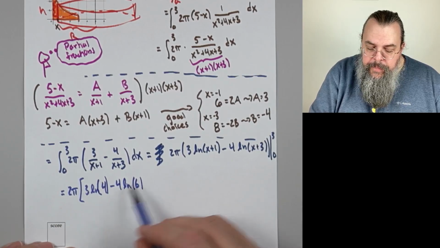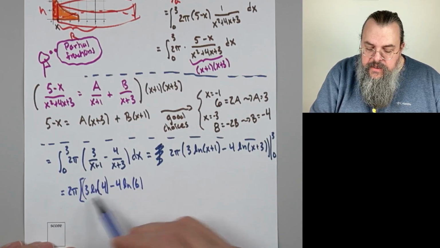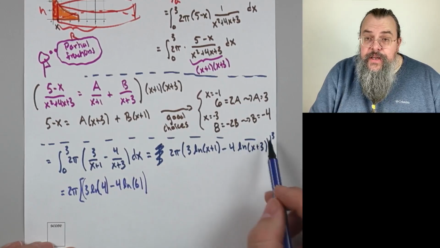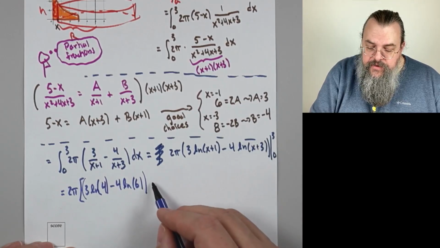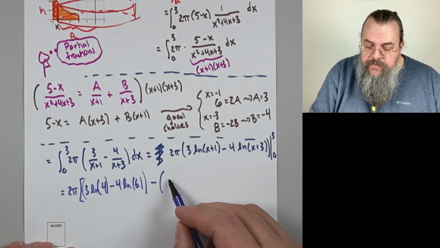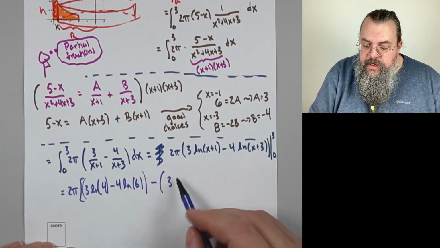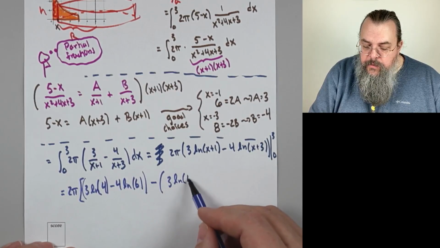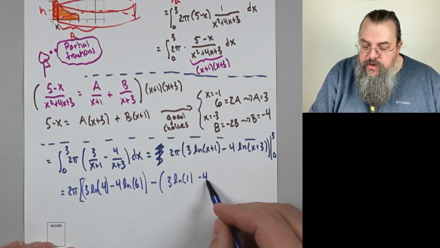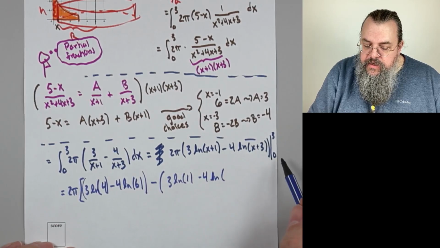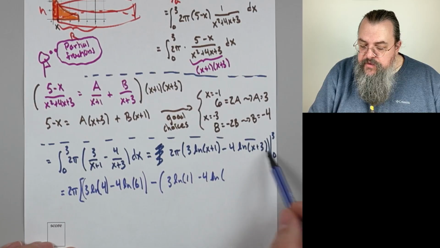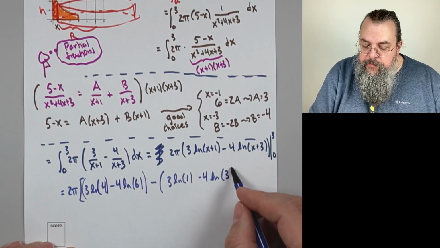That's when we plug in 3, but don't forget we also have to plug in 0, so we subtract, and then we'll have 3 natural log 0 plus 1 is 1, and then minus 4 natural log of 0 plus 3, which is 3.